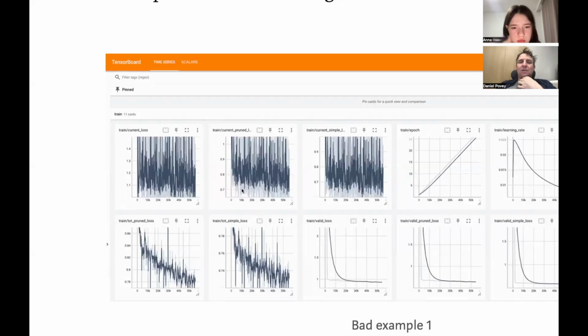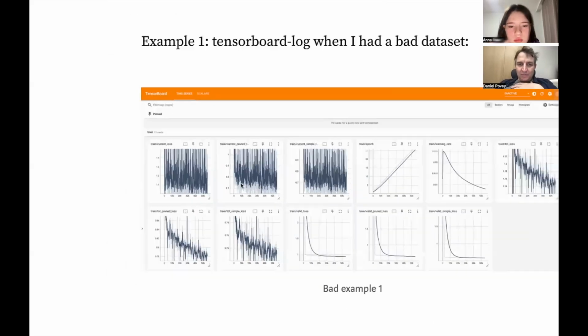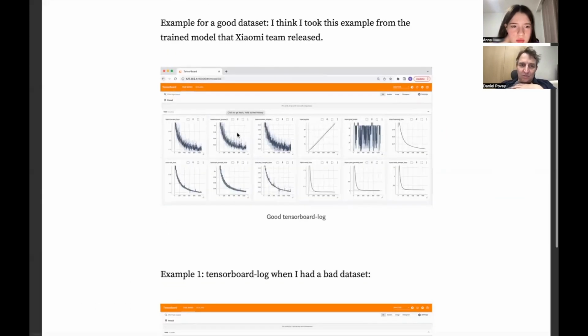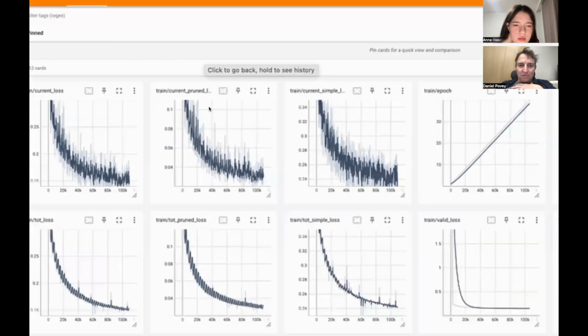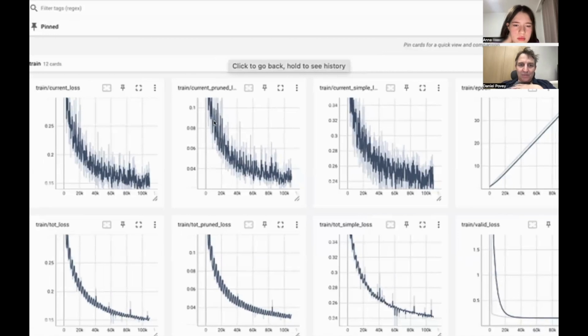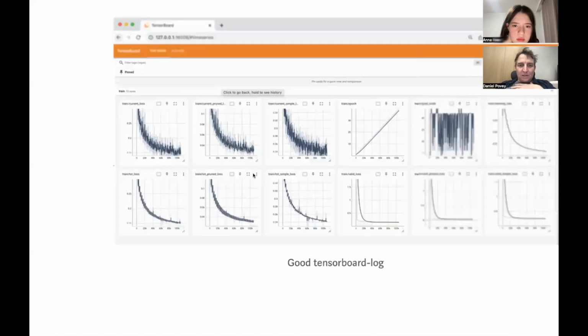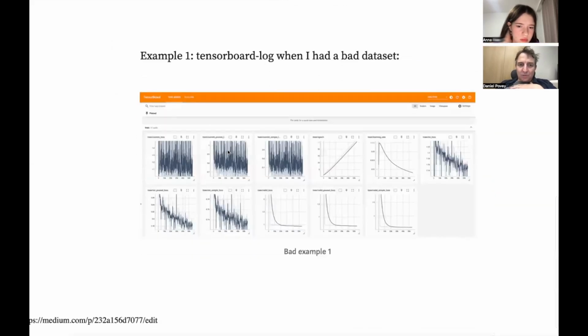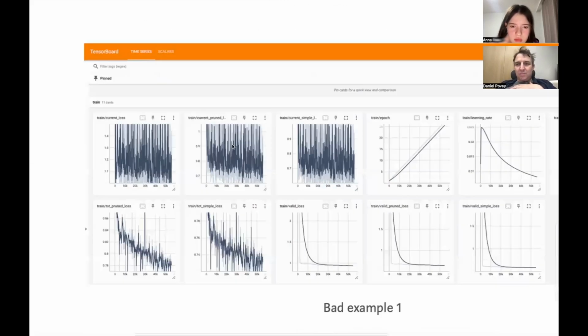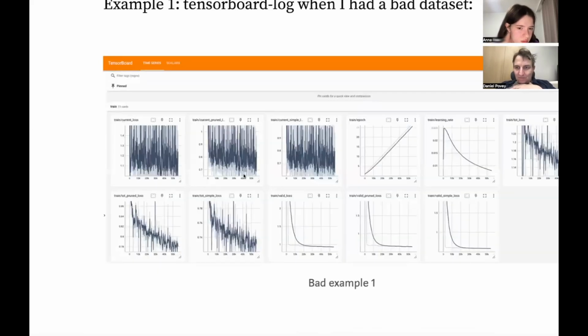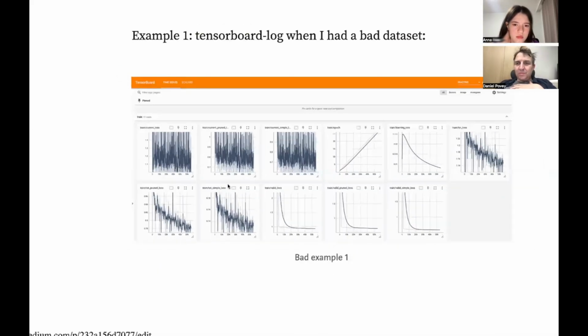You should kill the run as soon as you notice that. In a normal run, the current pruned loss after a few thousand batches is less than 0.1, right? It should never be as large as one, except for the first few batches of training, like 200 batches or something.